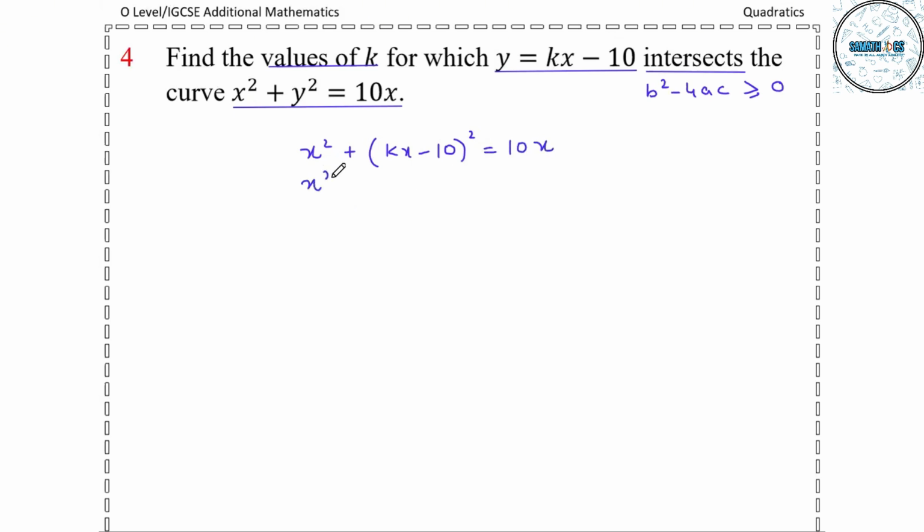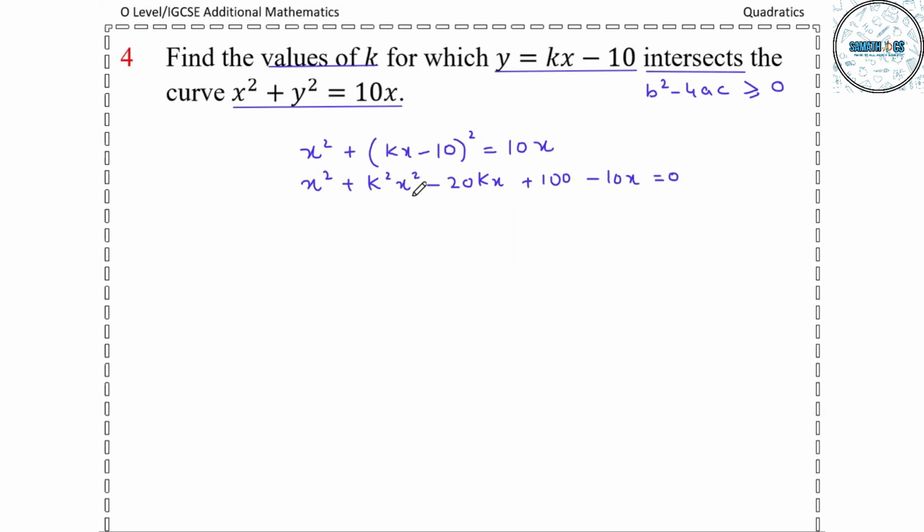We will expand this bracket. We will get k square x square minus 20kx plus 100. 10x will be taken to this side, so this will become minus 10x is equal to 0.